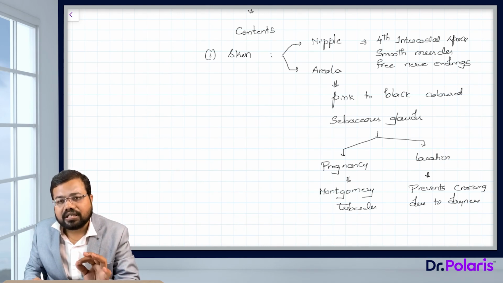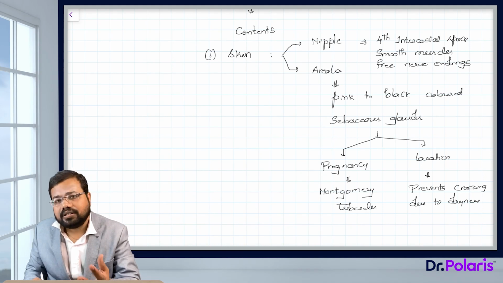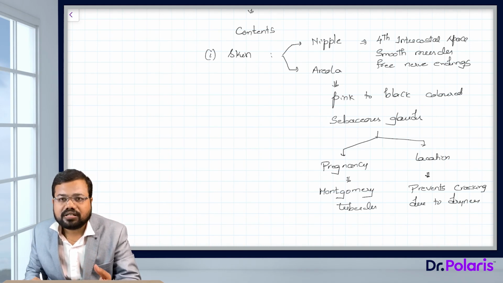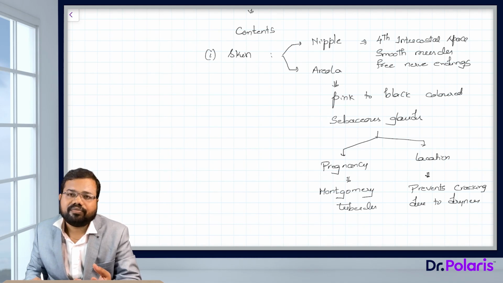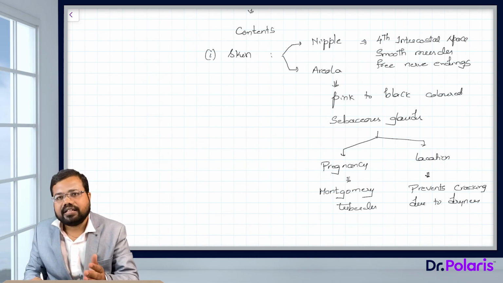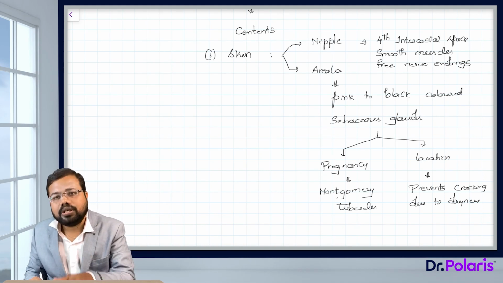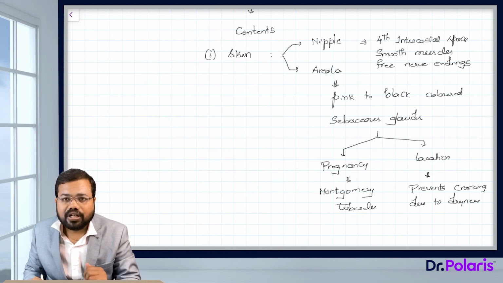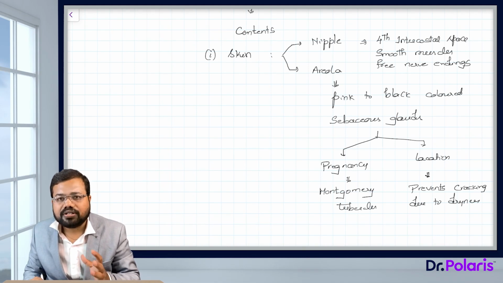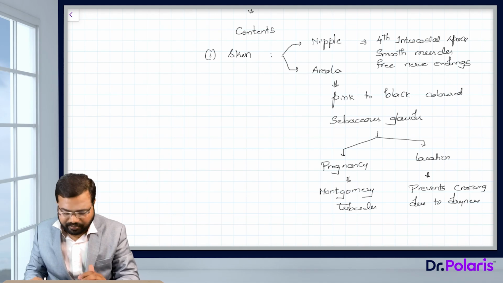Wherever the cracking is present, bacteria invade, and during lactation the baby also will suffer from infections. So nature has decided that, in order to prevent infections of the baby, the sebaceous glands are modified as Montgomery tubercles for secretion during lactation. These are the importance of these sebaceous glands.